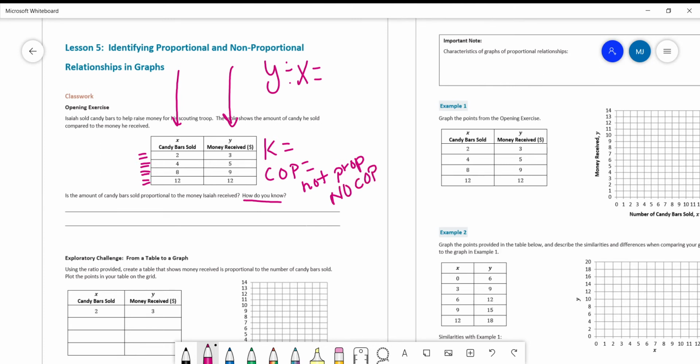So I want you to divide the y by x's, see what you get over here, and make your decision. I want you to show it to me when you finish. So I want you to actually come to my desk with your paper, and I want to see what you've done. Go ahead and pause your video, work on that opening exercise before you press play again.